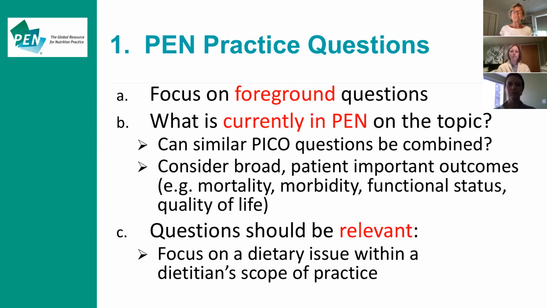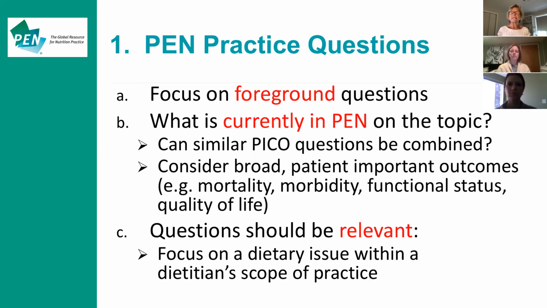Do we really need a specific question on soy and the effects on reproduction in polycystic ovary syndrome, or could we look very broadly at the effects of soy on the other symptoms or outcomes associated with the condition?